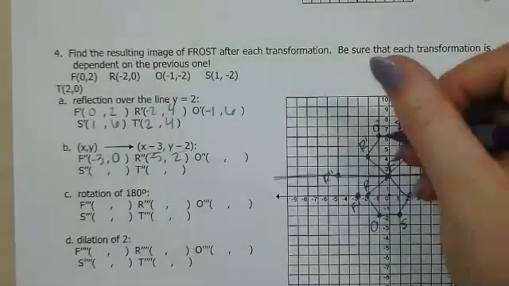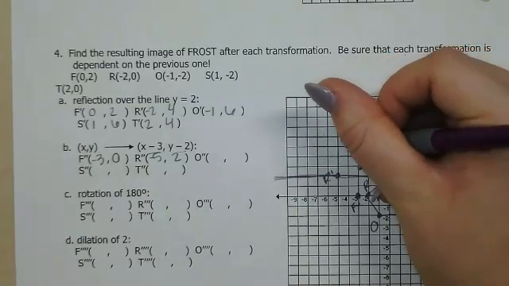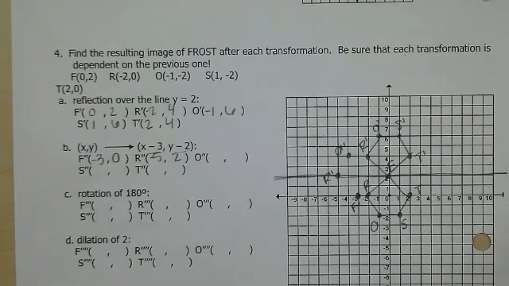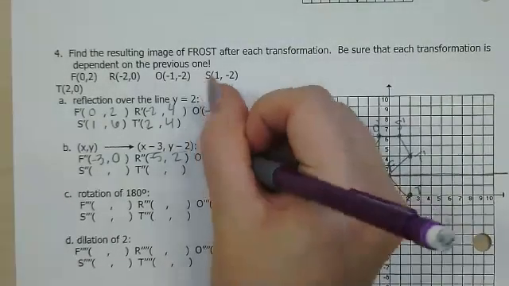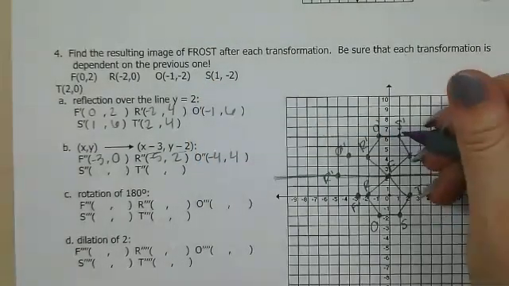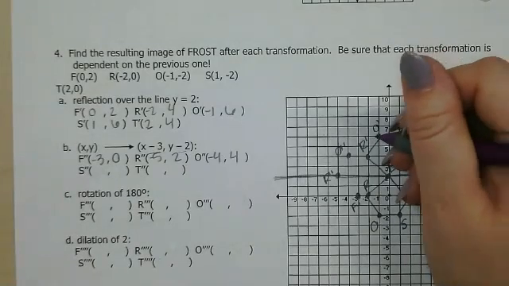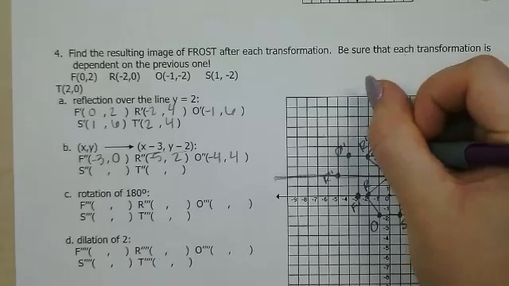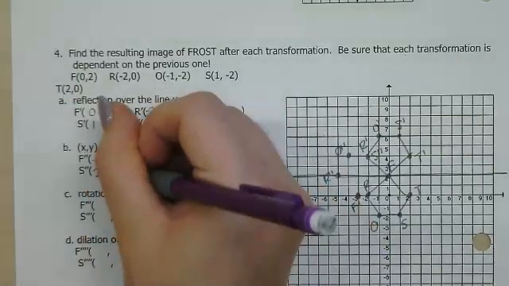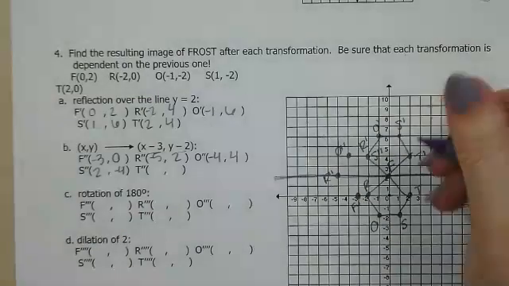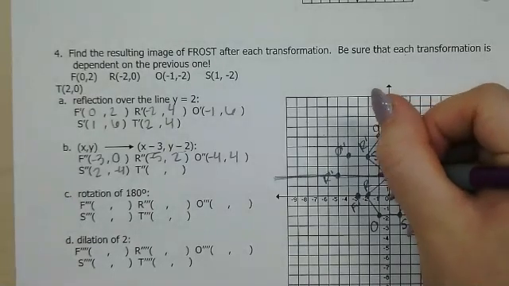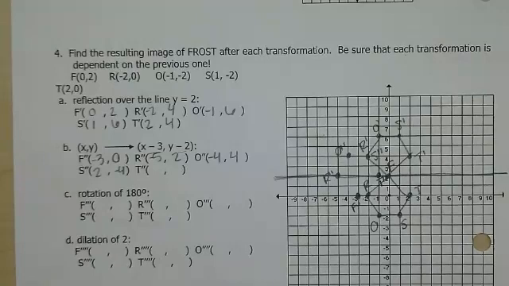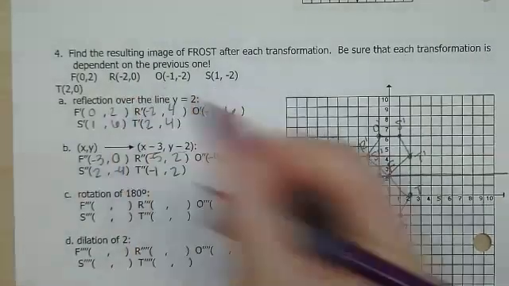My O double prime, 1 2 3 1 2, is at -4 4. And then my S is at 1 2 3 1 2, is where R prime actually was. So at 2 -4. And then lastly, T prime, 1 2 3 1 2, ends up right here as T double prime at the point -1 2.